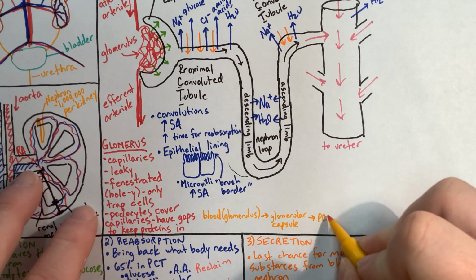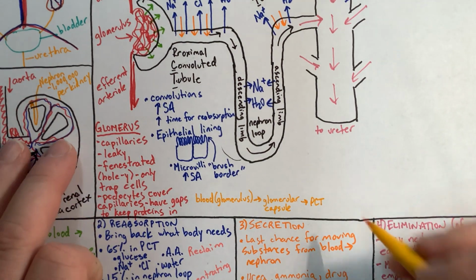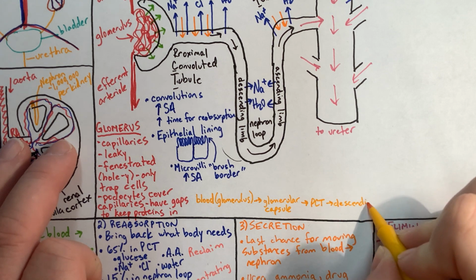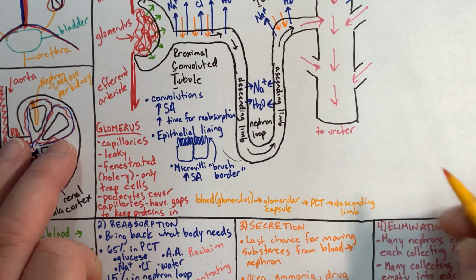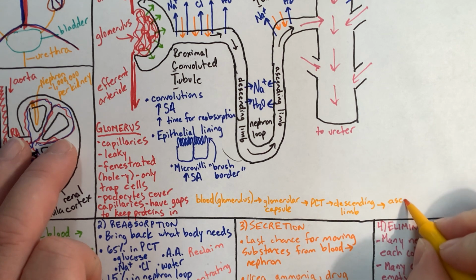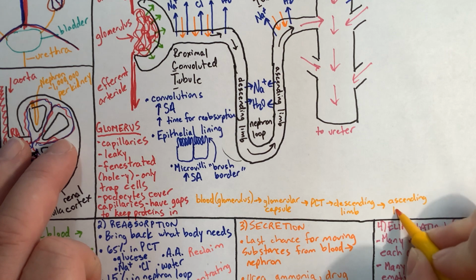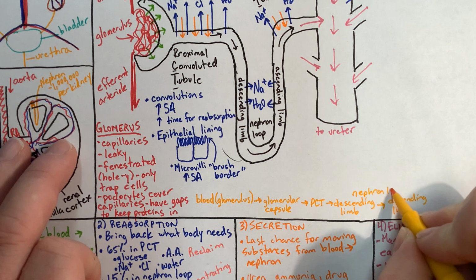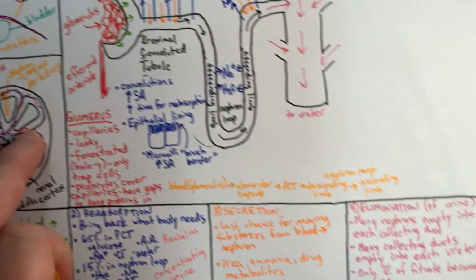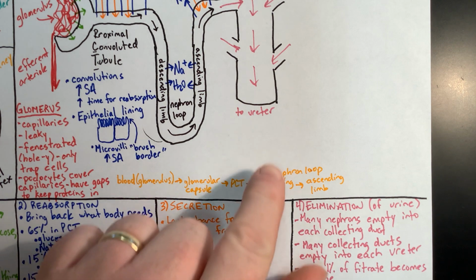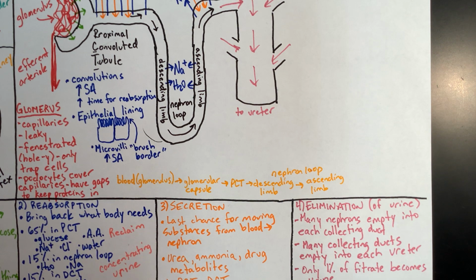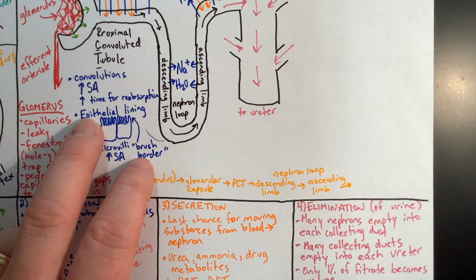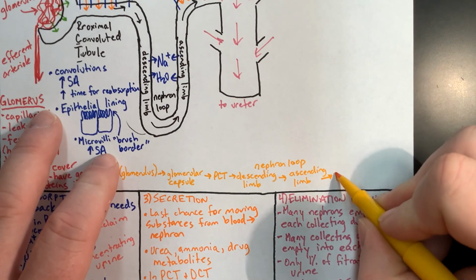We went to the proximal convoluted tubule, then the descending limb and the ascending limb of the nephron loop, or loop of Henle is what it's called again, but those names are after a person, and a lot of those people names are just going away in favor of things that are more descriptive and good for the physiology aspect of things.